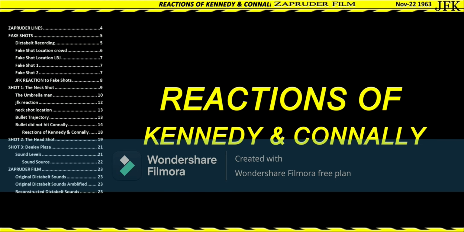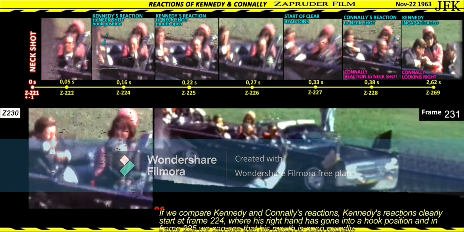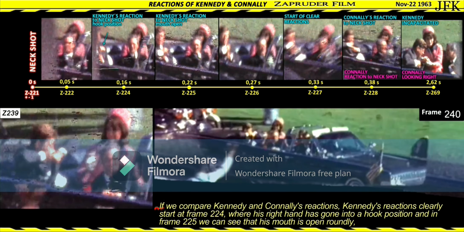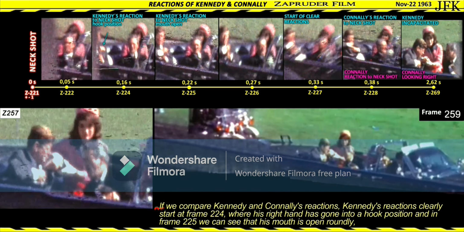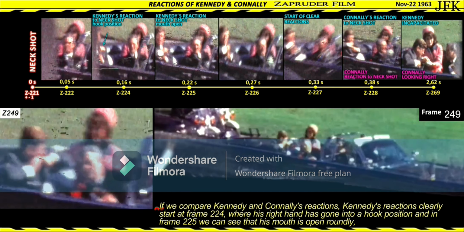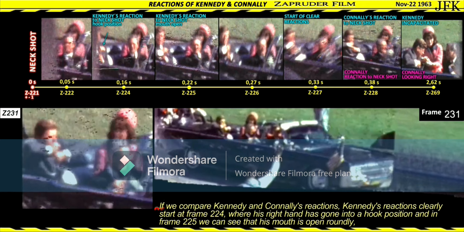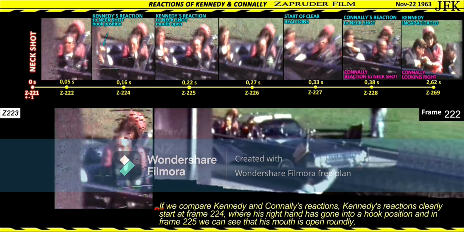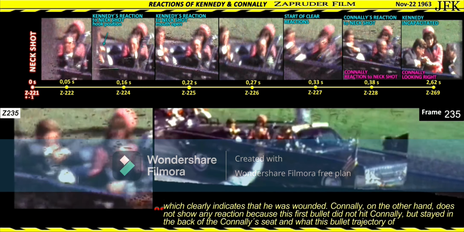Reactions of Kennedy and Connolly. If we compare Kennedy and Connolly's reactions, Kennedy's reactions clearly start at frame 224, where his right hand has gone into a hook position, and in frame 225 we can see that his mouth is open roundly, which clearly indicates that he was wounded.